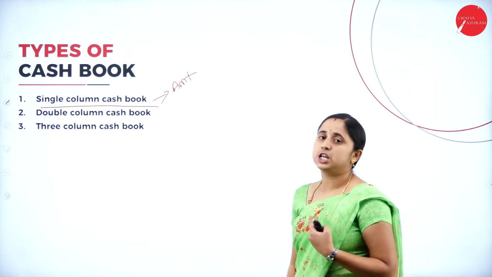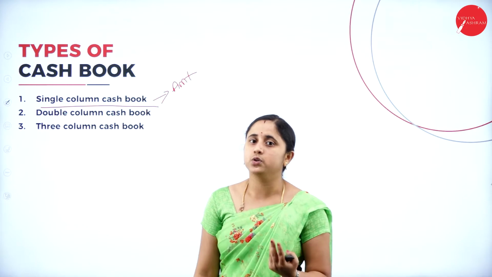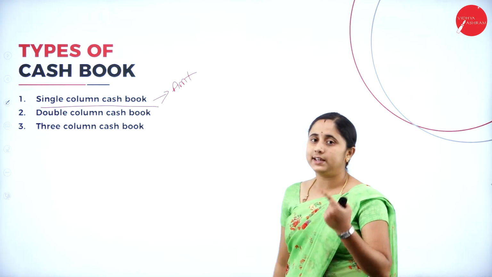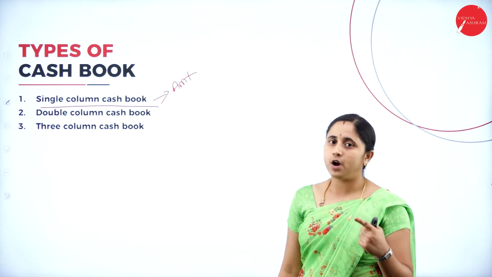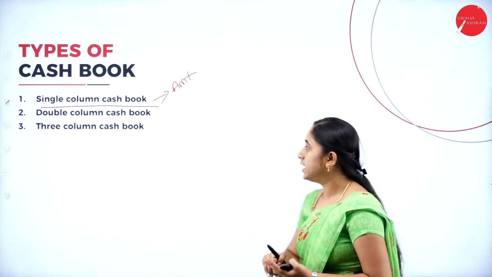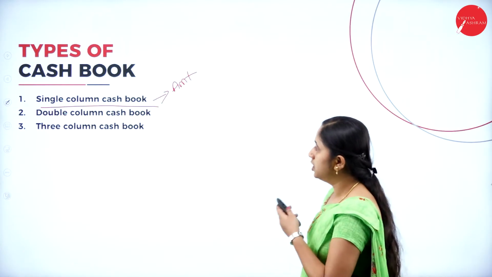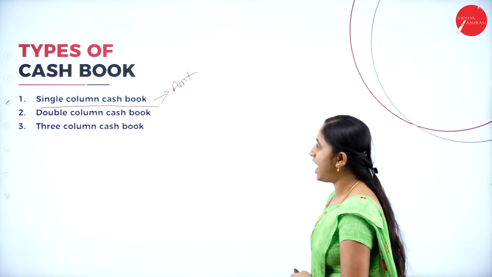In the three column cash book, you have cash, bank as well as discount. So single column means only one column for amount, two column means discount plus cash, and three column means cash, bank and discount. So this is all about the types of cash book.